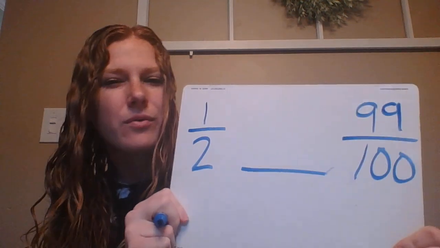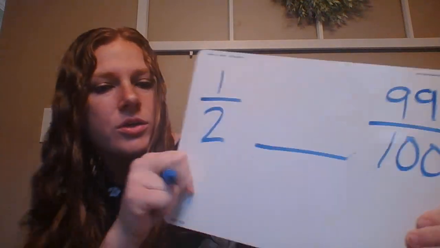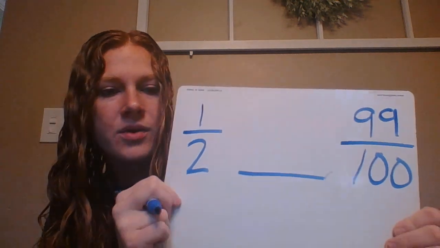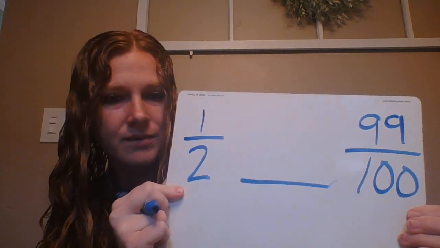Alright, we have one question left. 1/2 and 99/100. I remember some of my friends thinking this was pretty tricky back when we were doing this, probably around February. So, once again, our denominators are not the same.